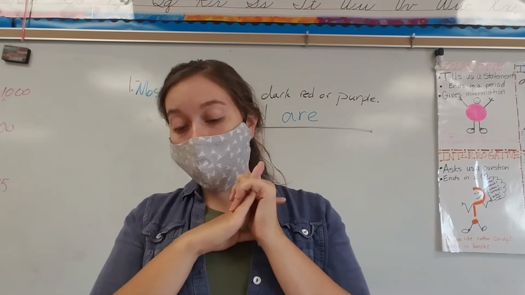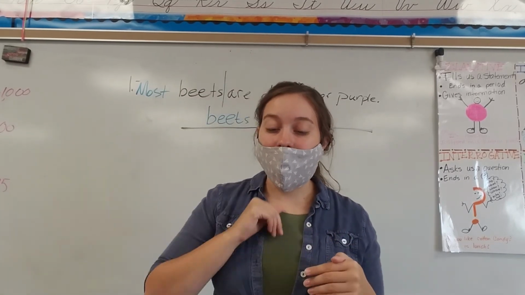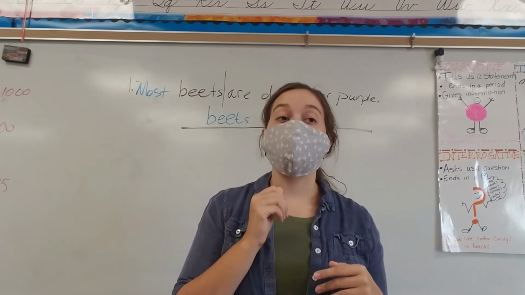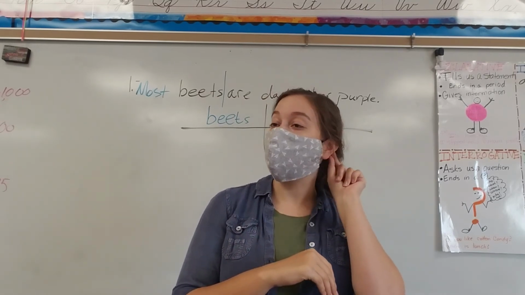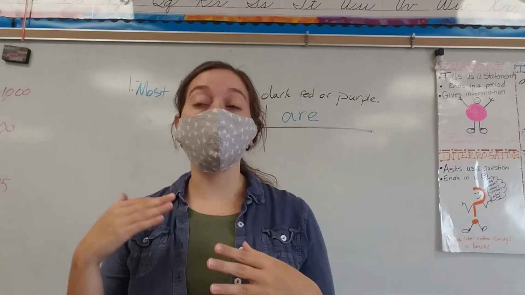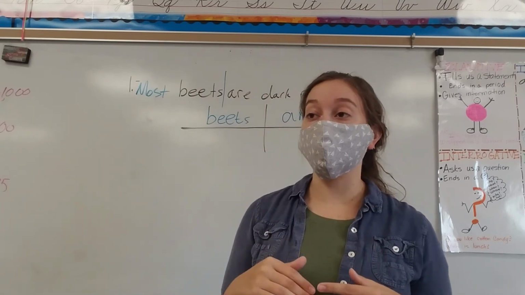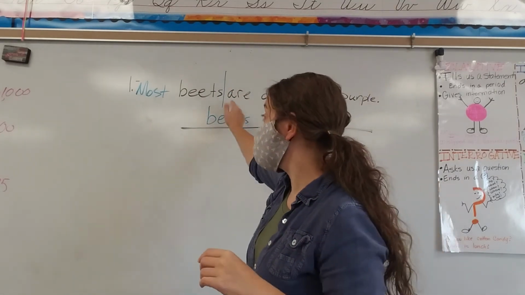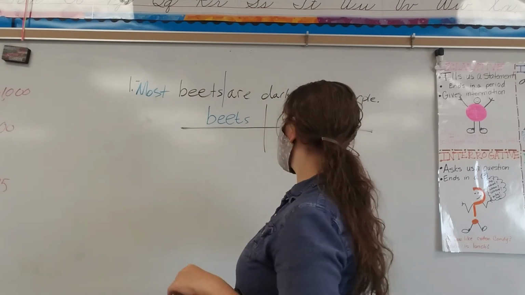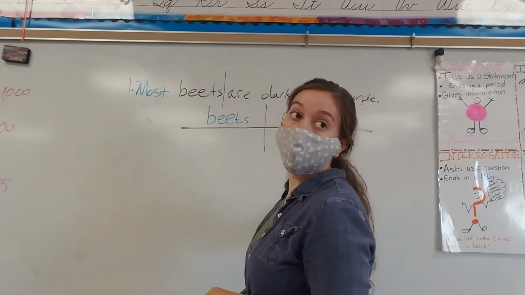All right, so you guys are going to be doing the exact same thing that we just did. You are going to be reading the sentence, putting the line, writing the simple subject, writing the simple predicate.